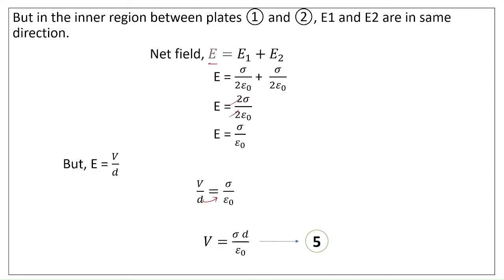Mark as equation 5. Substitute equation 5 in 1. That is, C is equal to Q by V. On substituting V value we get C is equal to Q by (sigma d by epsilon naught). Taking epsilon naught to numerator, we get C is equal to Q epsilon naught by sigma d.